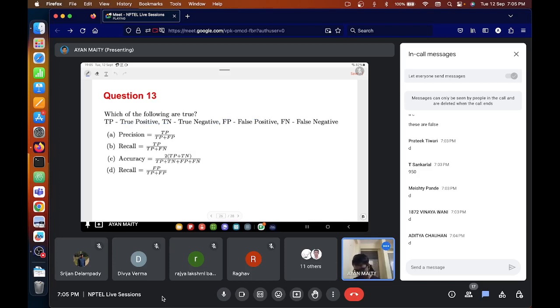Question 13. Which of the following are true for precision, recall, accuracy? Final option is also recall. So multiple options may be correct here.